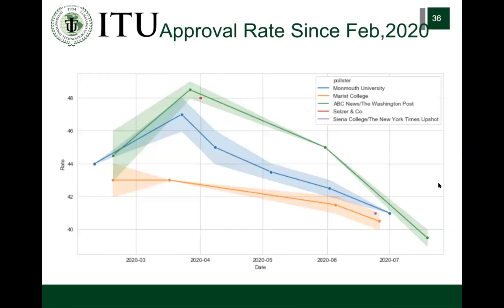And then we look at the approval rate for different organizations, and we can see some organizations have a higher disapproval rate, and some organizations have a lower disapproval rate.